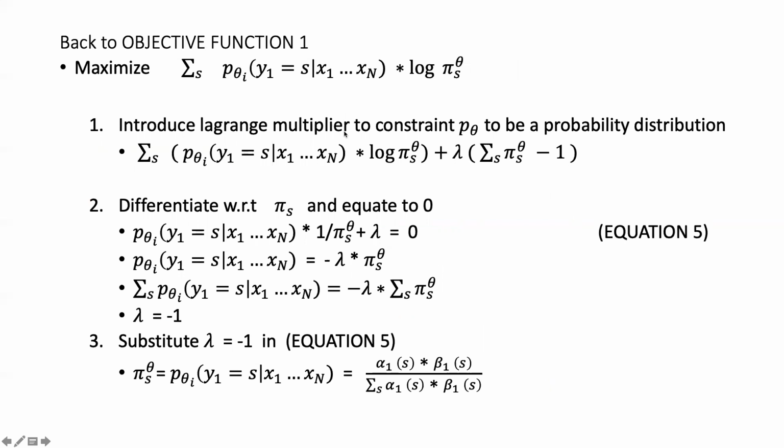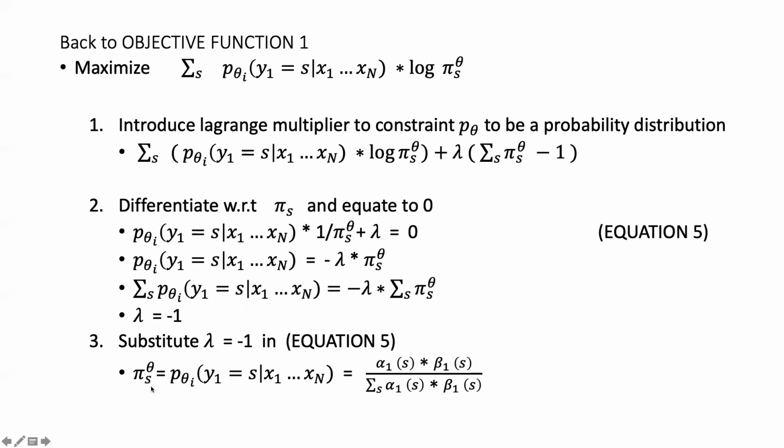In a similar fashion to what we did for supervised learning, the initial parameters are probabilities, and the estimates should sum up to 1. So we introduce the Lagrangian multiplier and rewrite the objective function in this form. We follow similar steps, differentiating with respect to the parameter we are interested in, equating to 0, and then finding the estimate for the Lagrangian and the estimate for the initial probabilities.